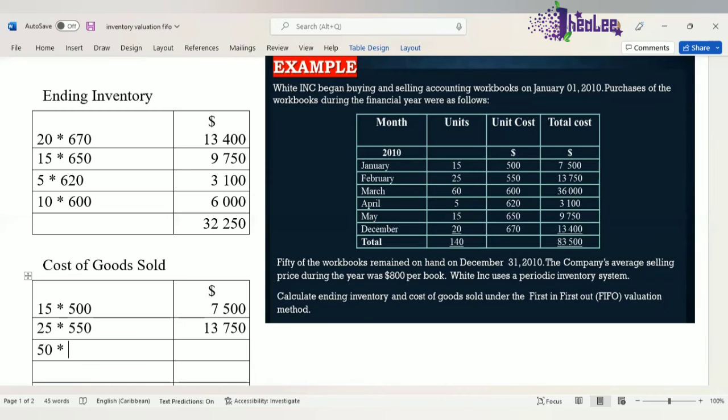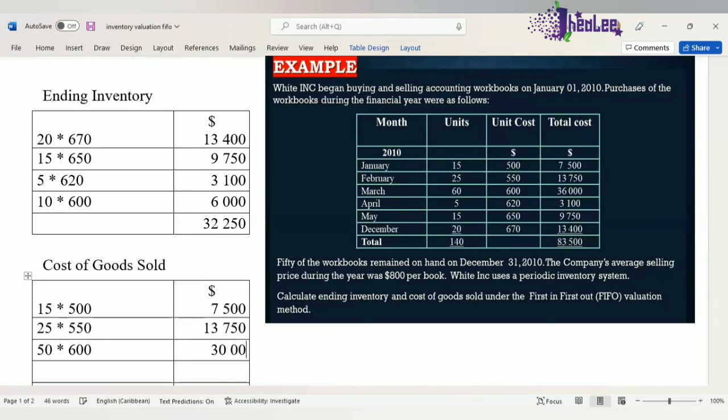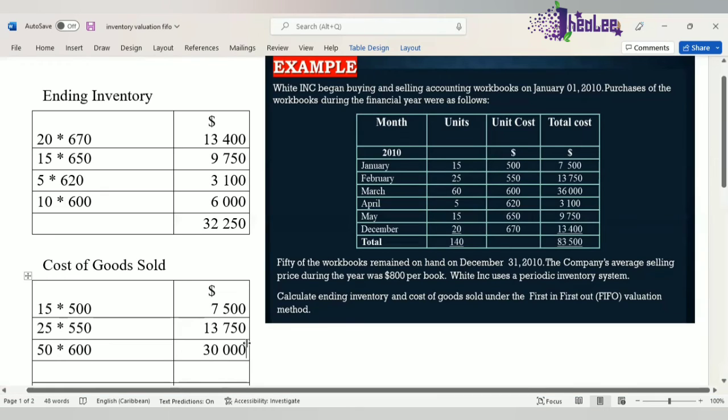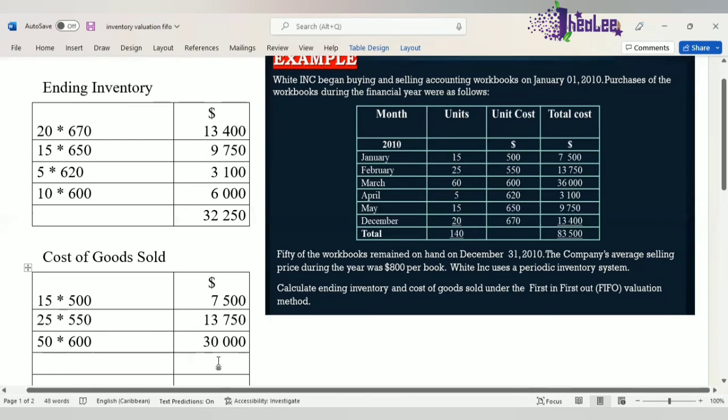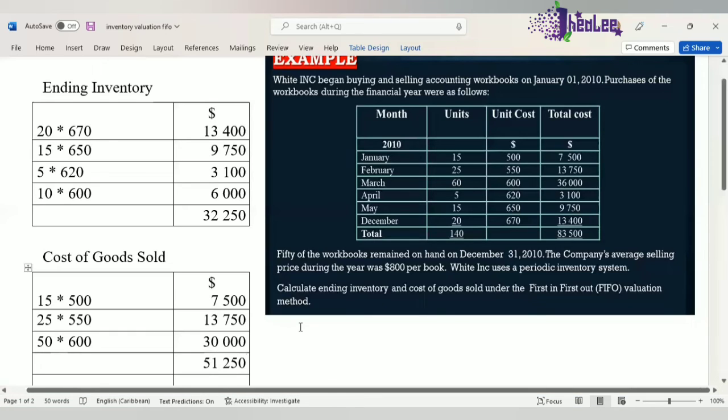So that is 50 times $600 per unit, and that would give us $30,000. We're now going to add these together to give us our total cost of goods sold, and that is $51,250.